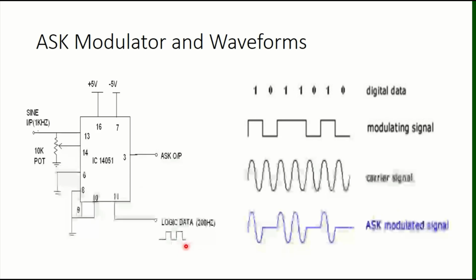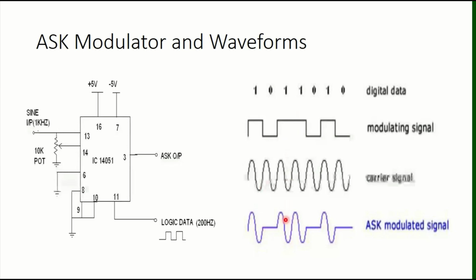Normally we say for ASK unipolar is sufficient, but here the option is open for us. So when pin number 13 is directly the magnitude, and pin number 14 is the low magnitude signal. So when logic 0 comes in, the low magnitude is selected, and high magnitude is selected on logic 1.